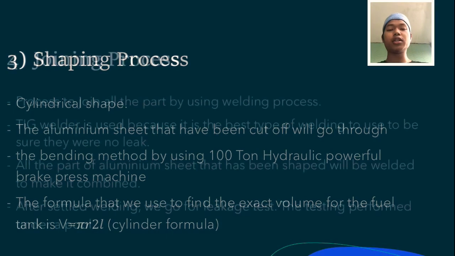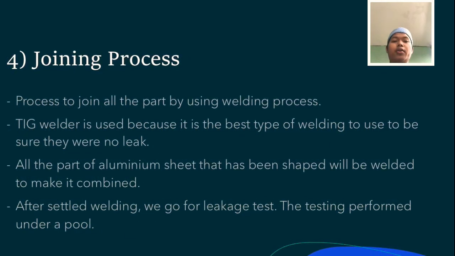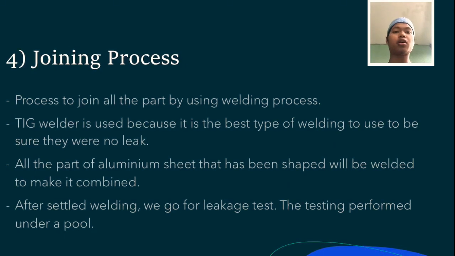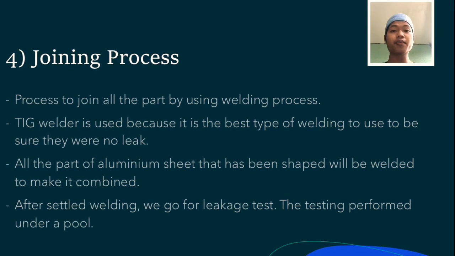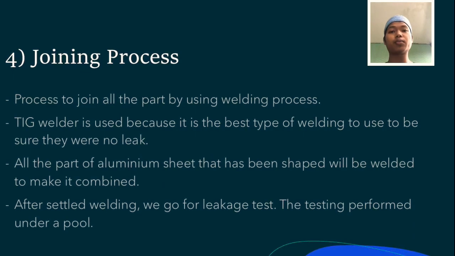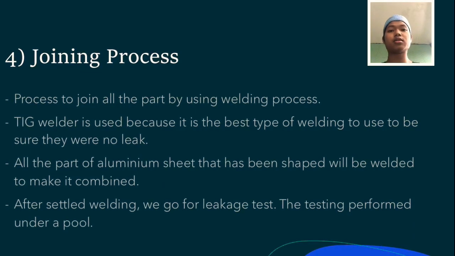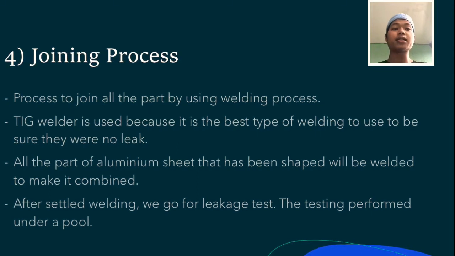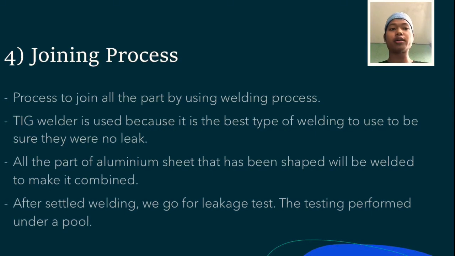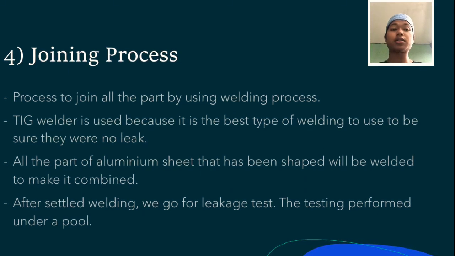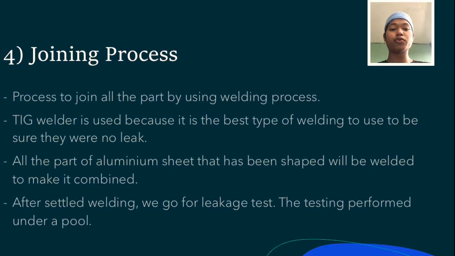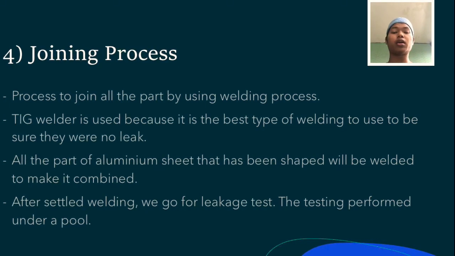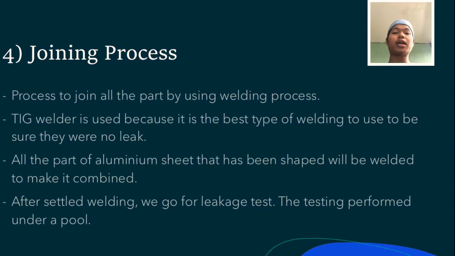Next we go to the joining process. Once the cutting and shaping process is finished, we join all the parts by the welding process. The TIG welding process was used to make the welds on this fuel tank because it is the best type of welding to make very sure there will not be any leaks.